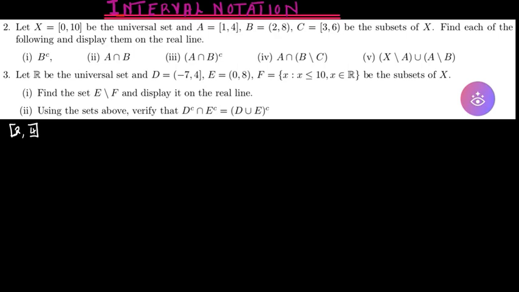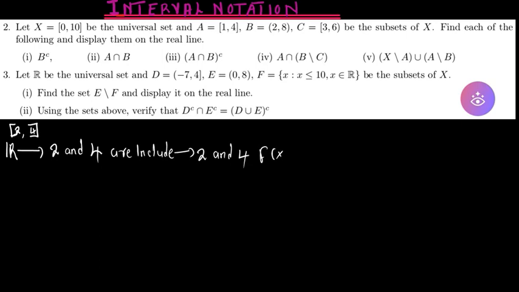What this simply means is that on the real line, 2 and 4 are included, and that 2 and 4, upon being added into the function of f of x, the function of f of x is going to be defined.